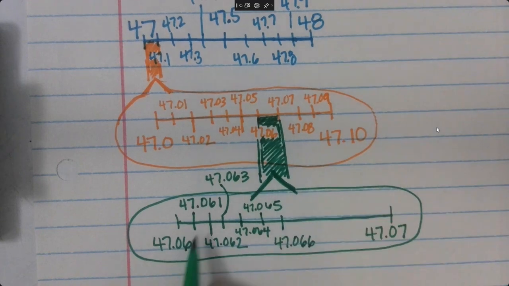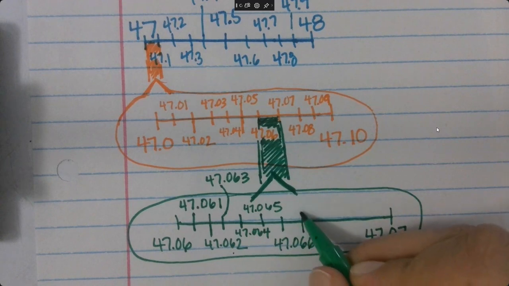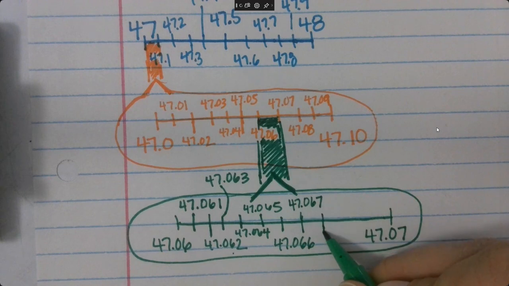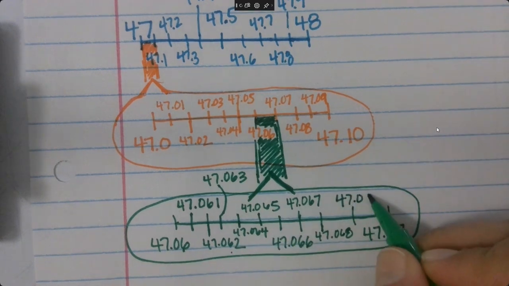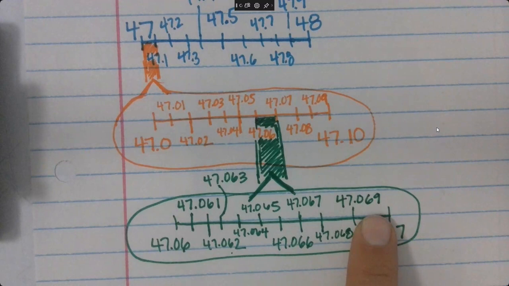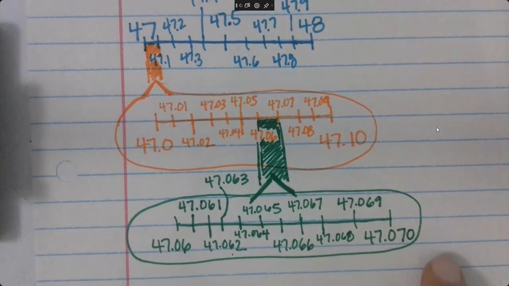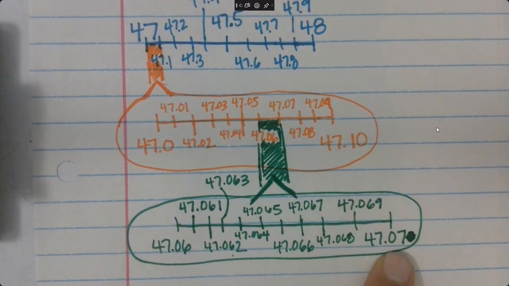Do you see how each time the digits are going up by 1? 47 and 67 thousandths. 47 and 68 thousandths. And that one's a little bit skewed on actual spacing, but 69 thousandths. So we go from 69 thousandths to 7/100ths, because really this could look like 70 thousandths, but we don't need the 0 on the end. So when we round up, that changes.